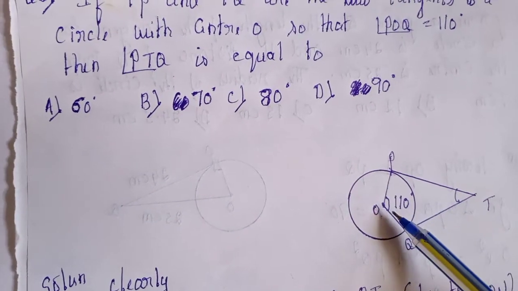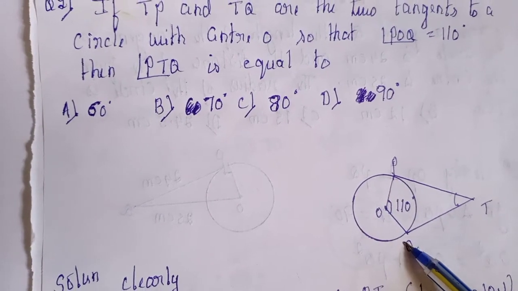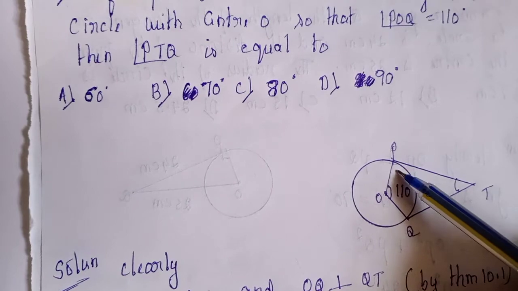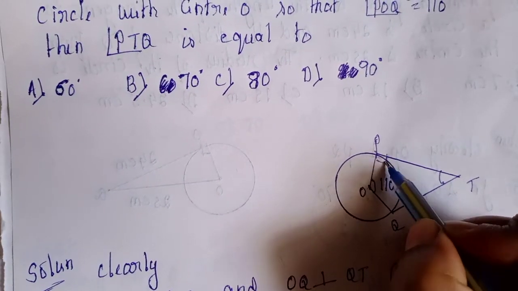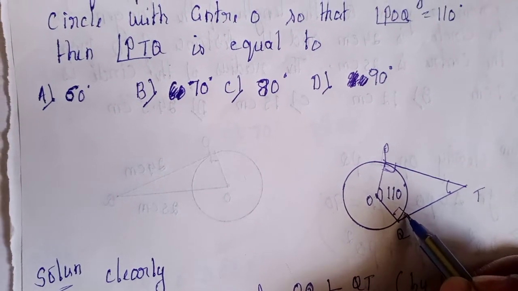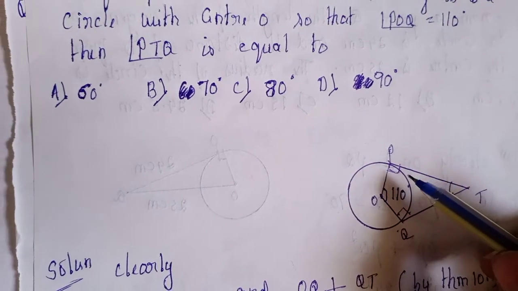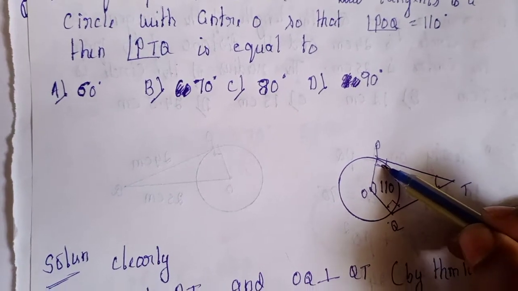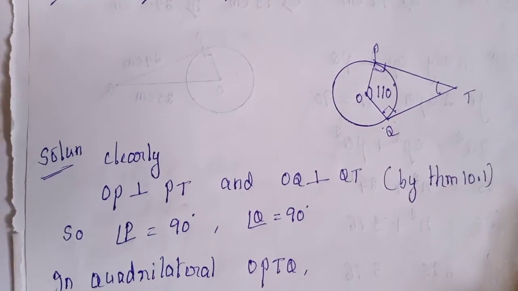One angle is clearly given in the question, that is 110 degrees, which is angle POQ. Now, what about angle P? As you know, the radius is perpendicular to the tangent. So angle P, and similarly OQ is a radius, OQ is perpendicular to the tangent. So I can tell clearly that angle P is 90 and also angle Q is 90 by theorem 10.1.